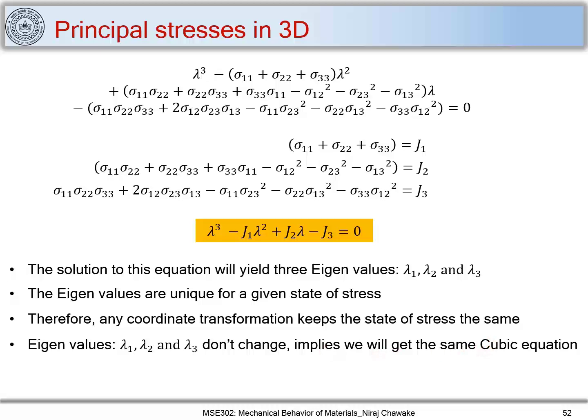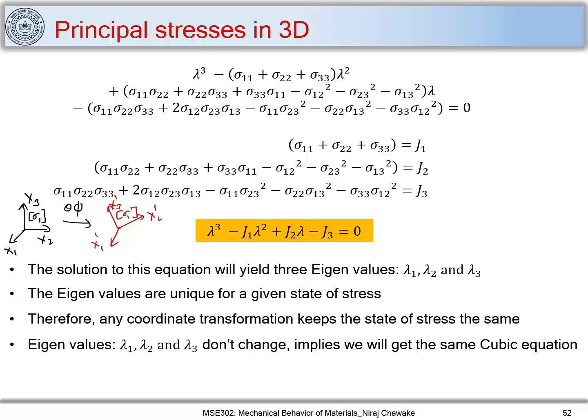Let me explain what that means. Let me draw the coordinate axes we have used: x1, x2, x3. I have a stress state here, sigma 1. Then I do some transformation, with angles theta and phi, to a new coordinate system x1 dash, x2 dash, x3 dash, and I get the stress state sigma 1 dash.